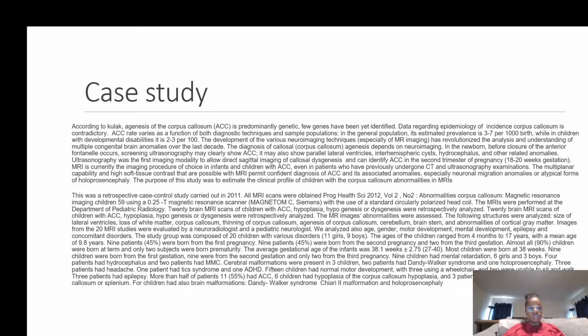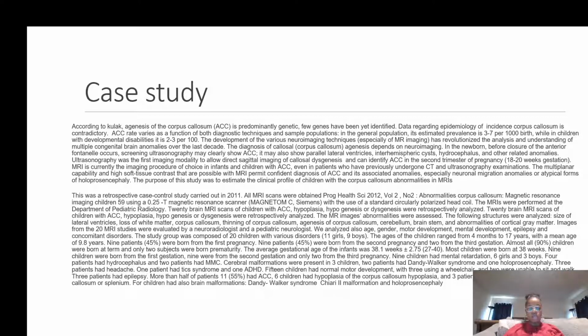I found a case study. According to Kulak, the purpose of this study was to estimate the clinical profile of children with corpus callosum abnormalities in MRIs. This case study was carried out in 2011. They had 20 brain MRI scans of children with ACC, hypoplasia, hypogenesis, or dysgenesis, analyzed by a radiologist or pediatric neurologist.